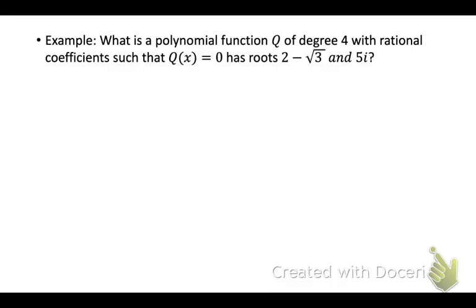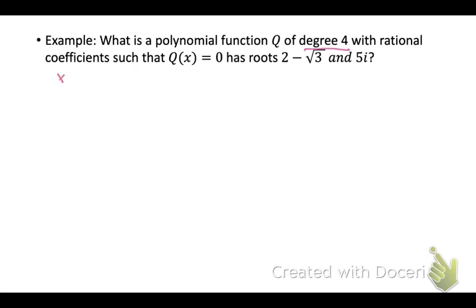Okay. So I want a 4th degree polynomial. If I only gave you 2 zeros and wanted a 4th degree, you'd have to square them, right? You'd have to add those zeros in twice. Okay, I want a 4th degree polynomial, and the roots are 2 minus the square root of 3 and 5i.